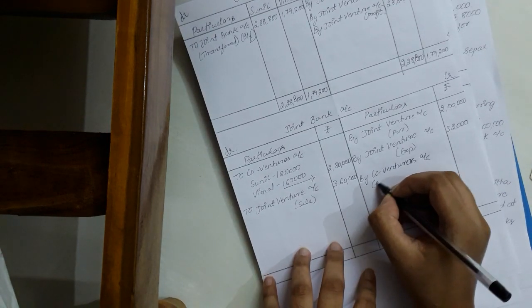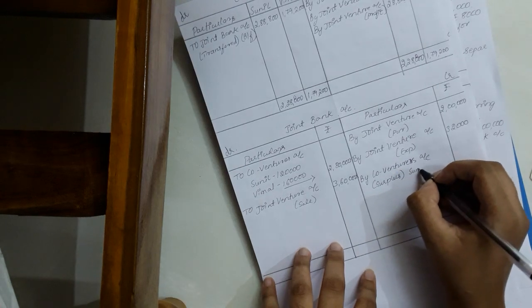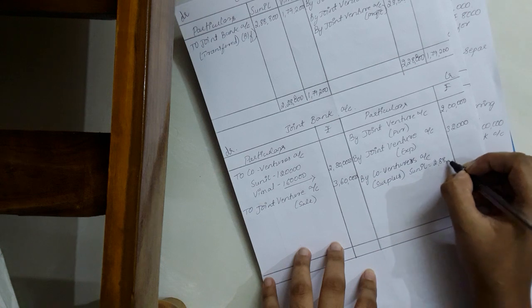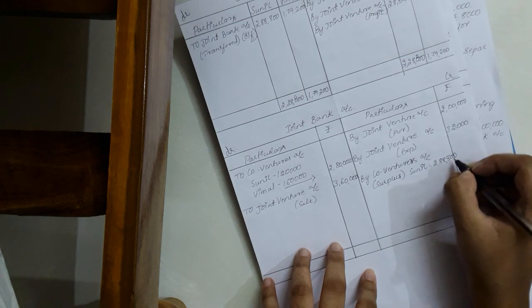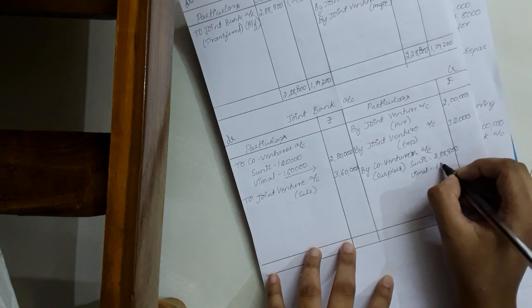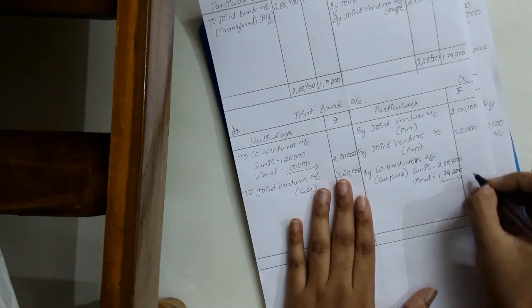What is the surplus value of Sunil? The surplus value of Sunil is 2,88,800, and the surplus value of Vimal is 1,79,200. So it will be a total of 4,08,000.